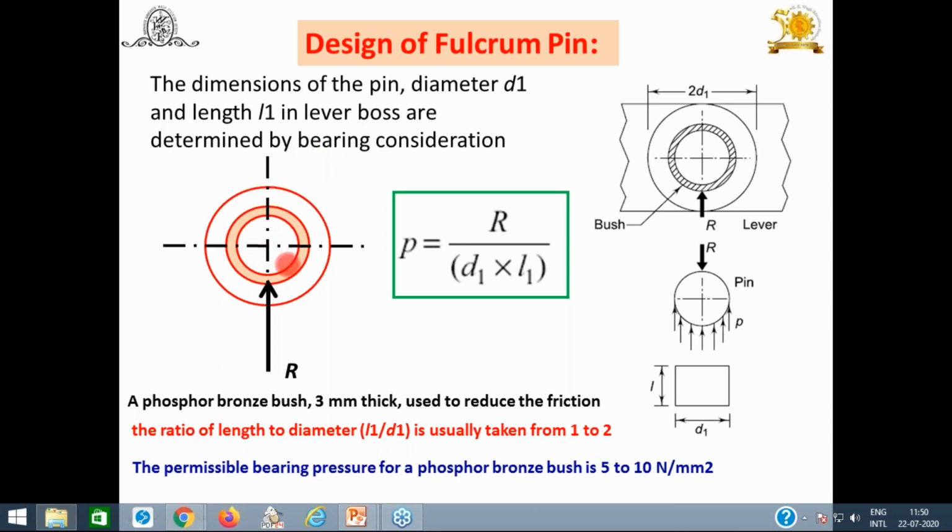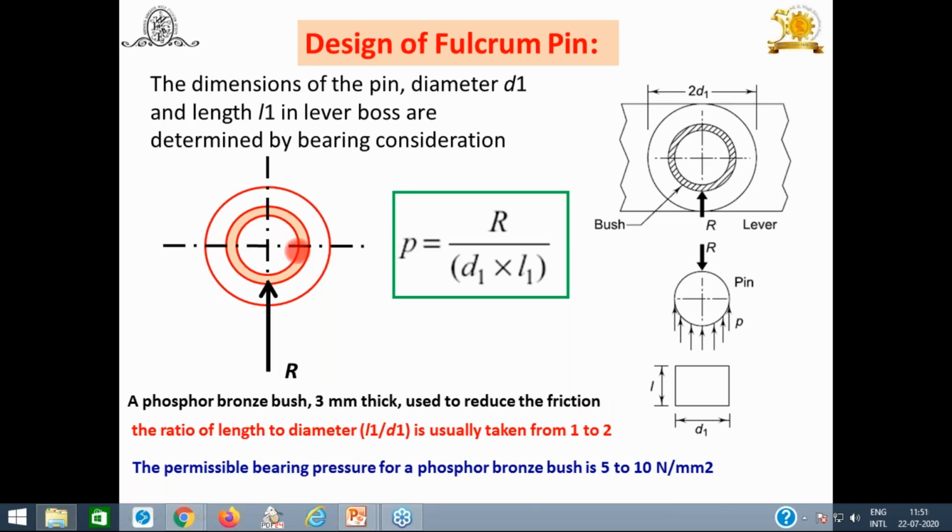Now here the pin is inserted. Sometimes a phosphor bronze bush is inserted to reduce friction. Generally I have mentioned a thickness of 3 mm, inserted between the bush and the pin. It reduces the friction.